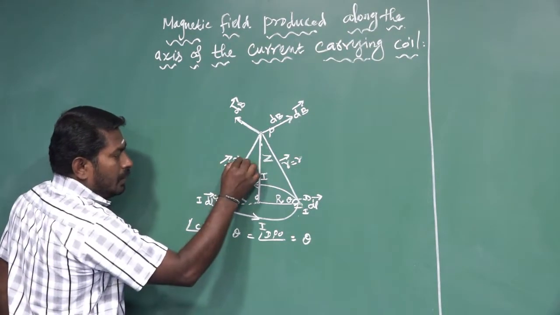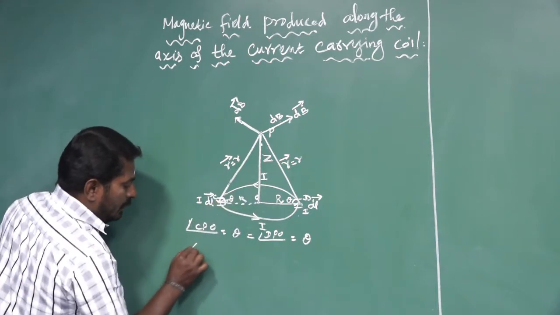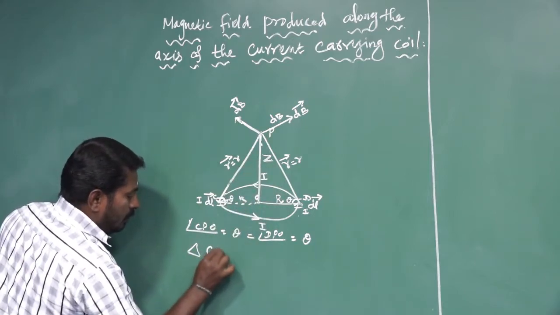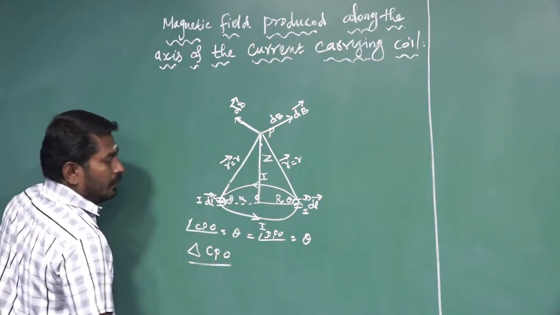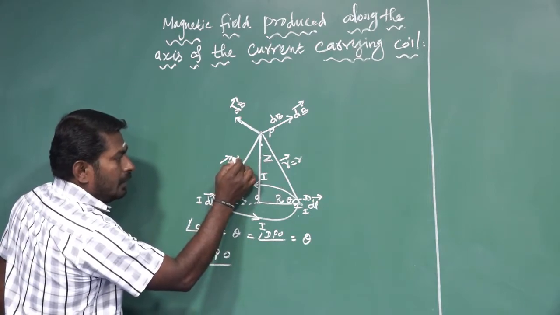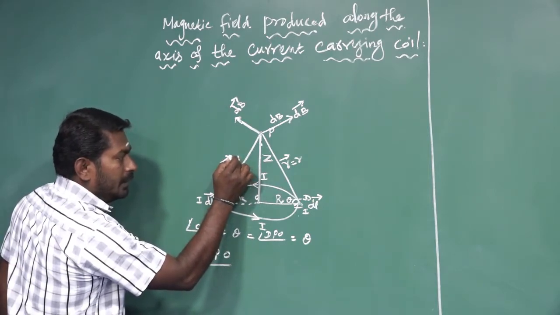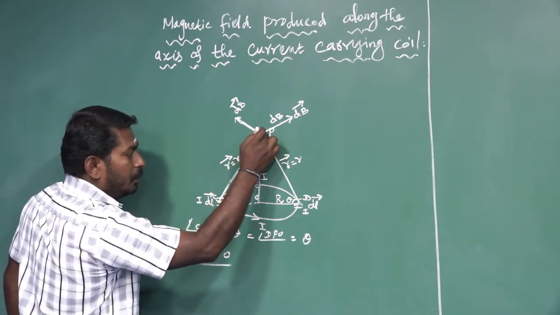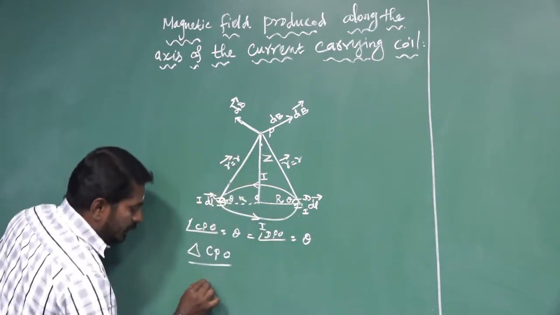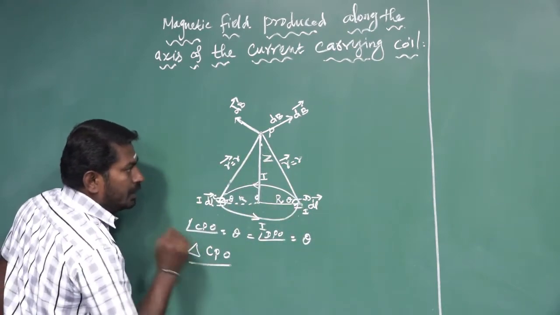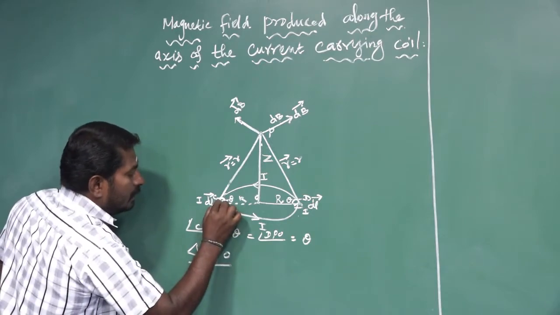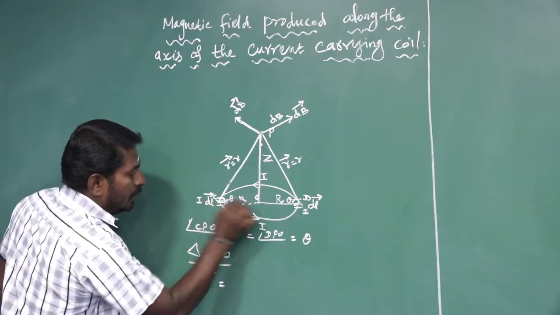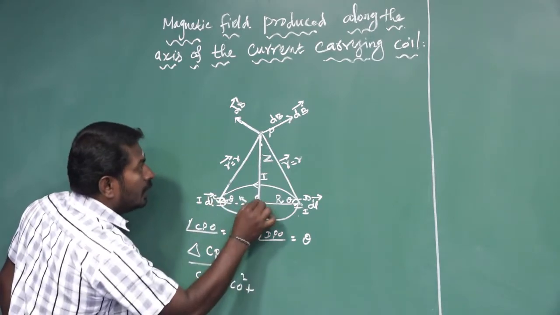Now in the triangle CPO, we are going to calculate r, the distance of point P from point C, or the distance of point P from point D. The distance is r. We can calculate it by using the Pythagoras theorem: CP squared is equal to CO squared plus OP squared.